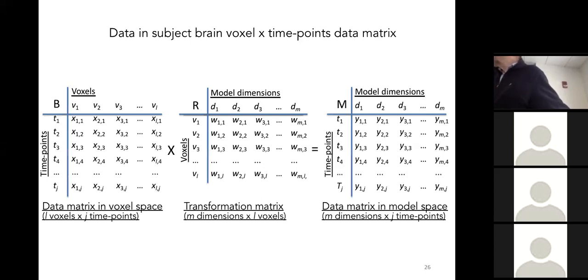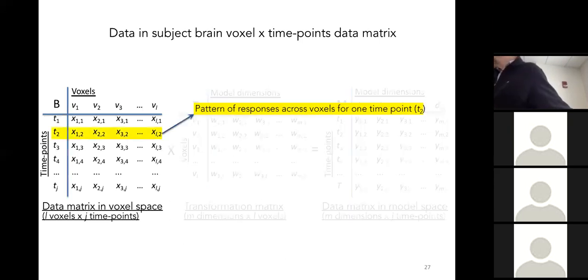And if you multiply the brain data matrix by the transformation matrix, it takes each pattern of activity, or pattern of connectivity, from the brain space and projects it into a location in the information space where the coordinate axes are these model dimensions.